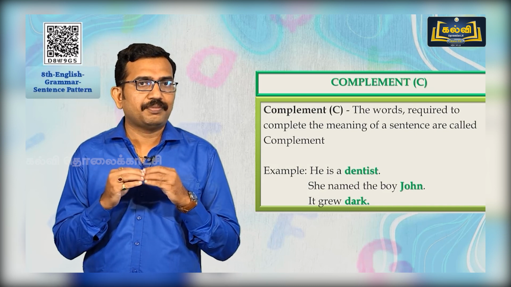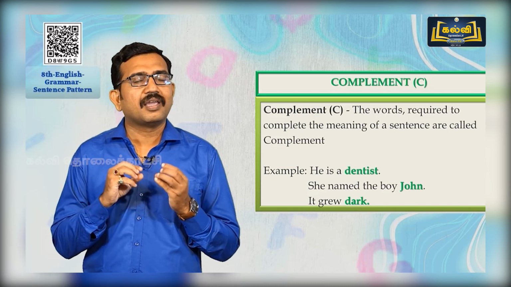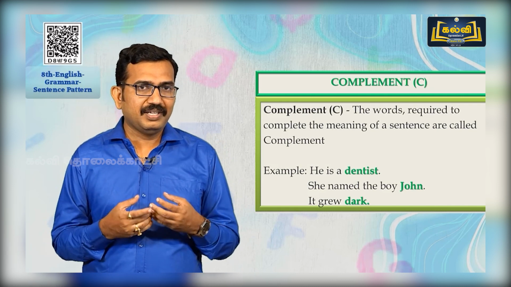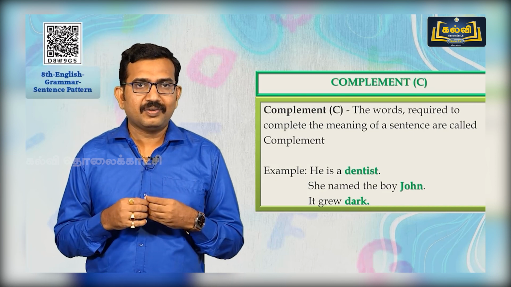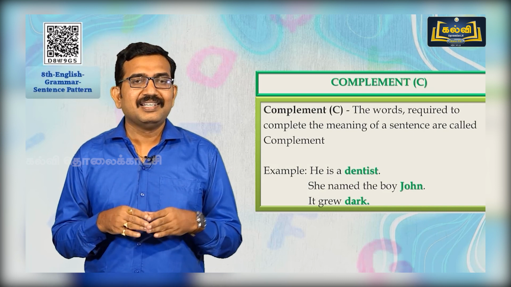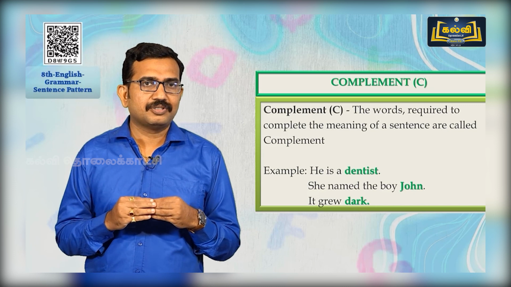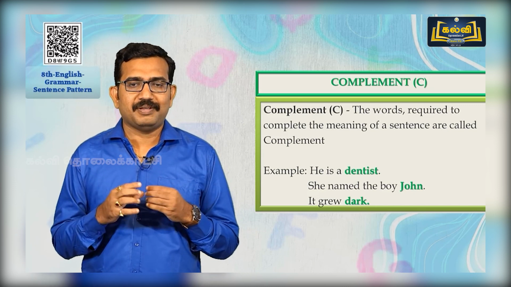You can change the profession like he is a teacher, he is a doctor, he is a scientist, or he is a news reader, or he is an anchor, or he is an engineer, like that. Anything which comes after the auxiliary verb is, if we remove that part, the sentence won't be complete. So the part which completes the sentence is the complement.